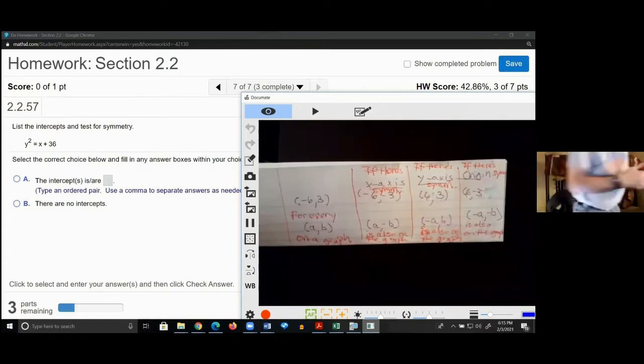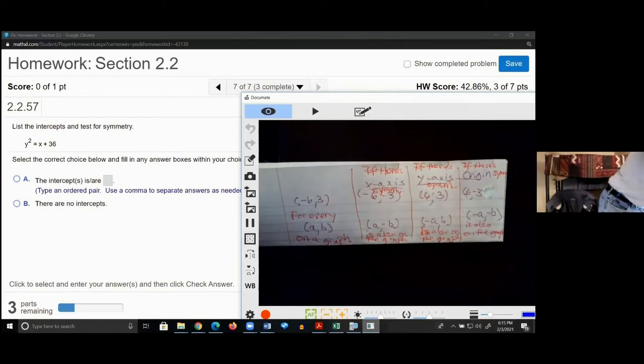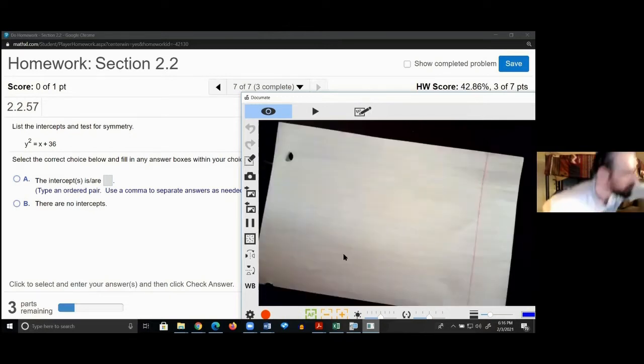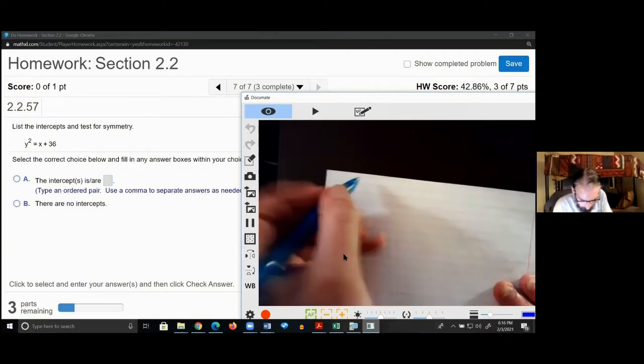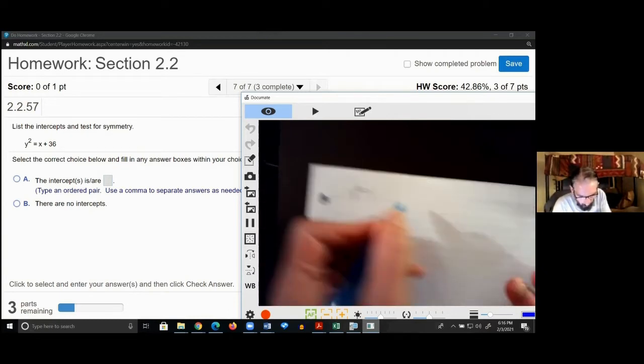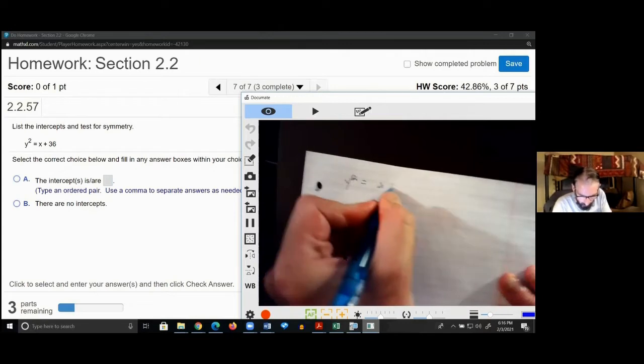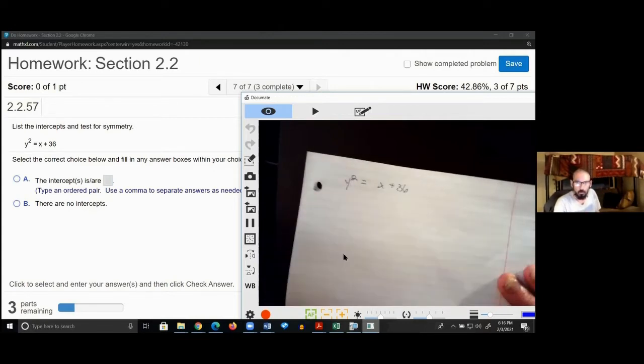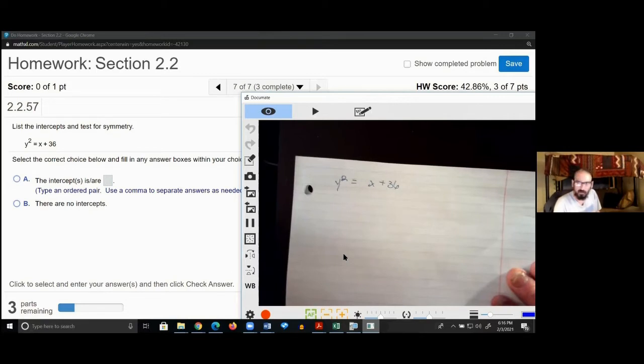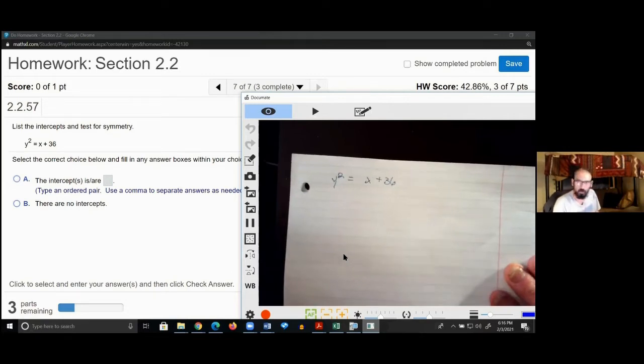So to test this one, y squared equals x plus 36. Something that jumps out at me about this is we have our variable y. It's not isolated, but it's only part of being squared.